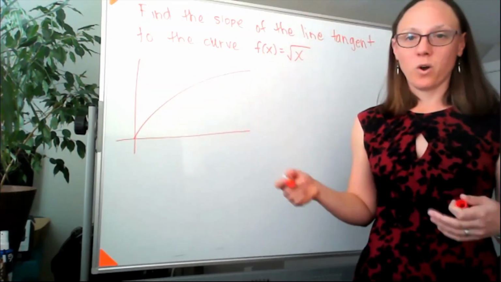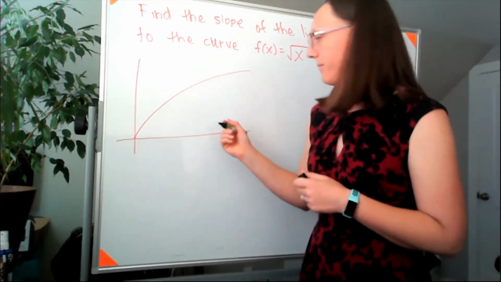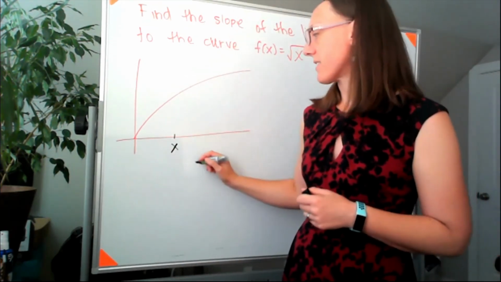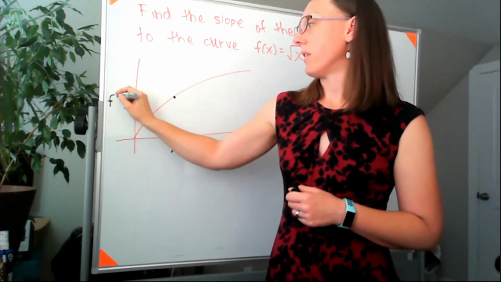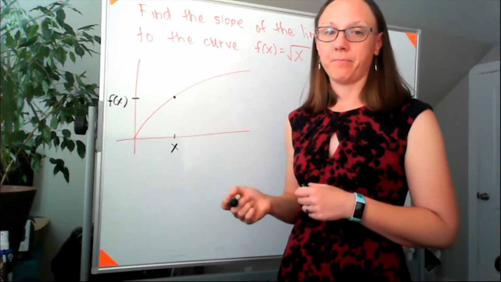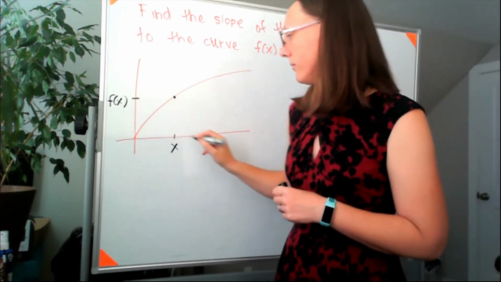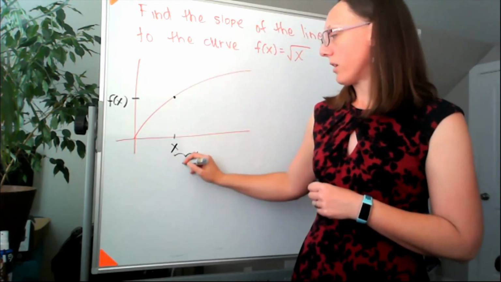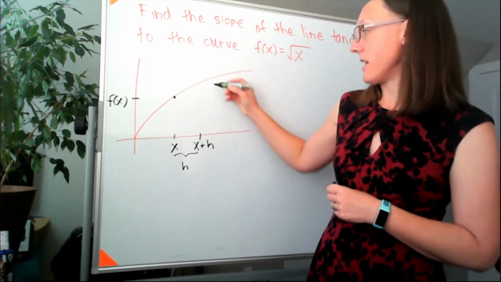Well, we did this at 1 and we did this at 4, but what if generically I just called this x? Well, that would make my y value f of x, or in this case, the square root of x. And if I move over a little bit of h, then I would be at x plus h.